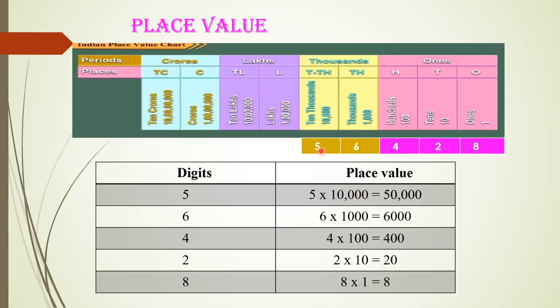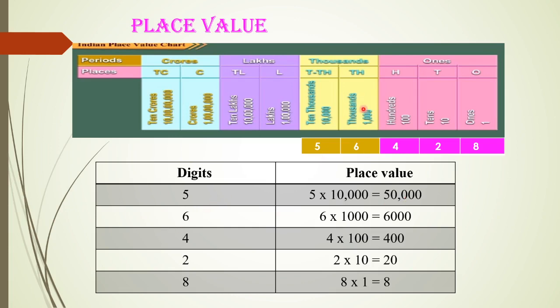Because 5 is at 10,000 position. The place of 5 is 10,000. So we multiply 5 by 10,000 and we get 50,000, which is the place value of 5 in this number.